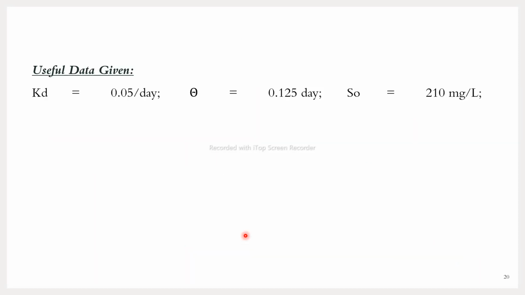So the useful data given are like this. S0 is your initial BOD, theta is your HRT, and Kd is 0.05 per day. S is your S5. You have to decrease the BOD from S0 to S. Y is your yield that I told you. So this many they are eating, and 50% of them are getting converted into active biomass.